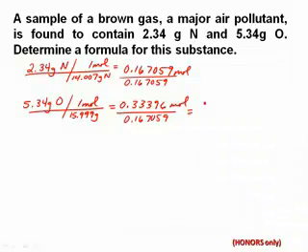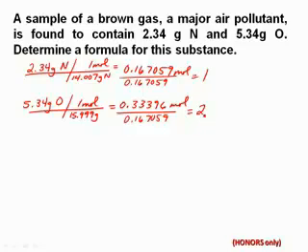So this is going to be 1 there, and then this one, 0.33396 divided by 0.167059, is going to be 1.999, which is approximately 2.